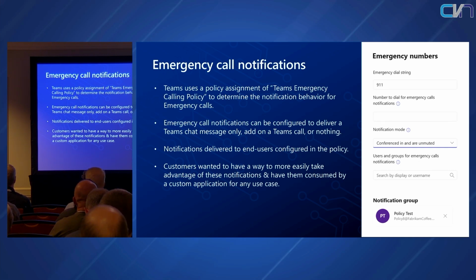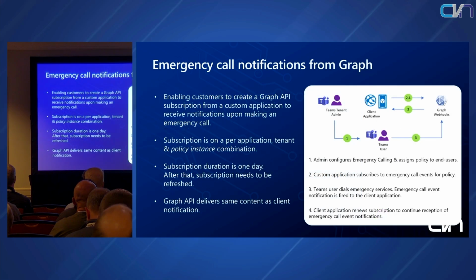I just want to plumb that into Teams to make sure that, whether it's a report or other notifications or some whole other software system, these notifications are getting out. And so what we did is we took this emergency notification package that we would normally have go out to a Teams client or be able to fire up calls, and we've created a Graph API endpoint.